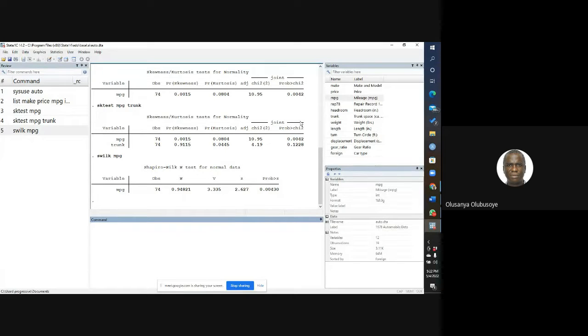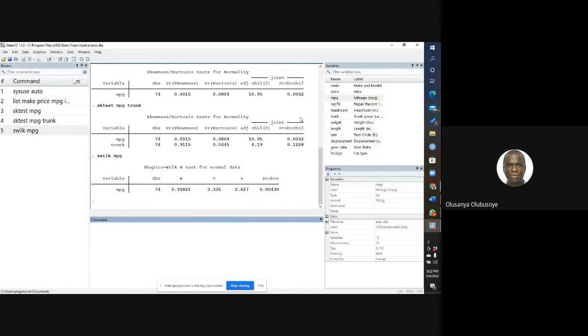There are many things I can say, but I am just trying to choose my words so that I don't complicate things for you. So, for the purpose of taking a decision, once you have chosen your alpha value, let's say the alpha value we are choosing now is 0.05, which is usually the one that most researchers in social sciences will choose.